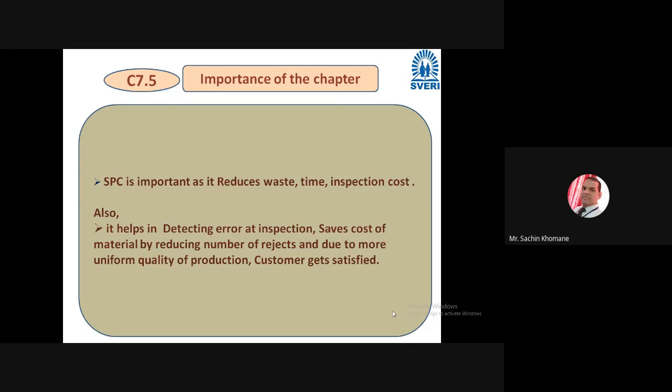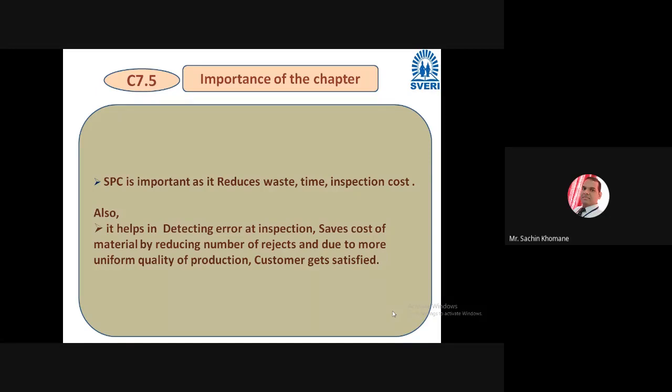Then you reduce the time. Most of the time, if you try to check the quality of each and every product by taking certain tools in your hand and continuously checking every product, it is a time consuming process. So SPC will reduce that time also. And obviously, if you are spending manpower, if you are spending many devices on checking the quality, you need to spend money.